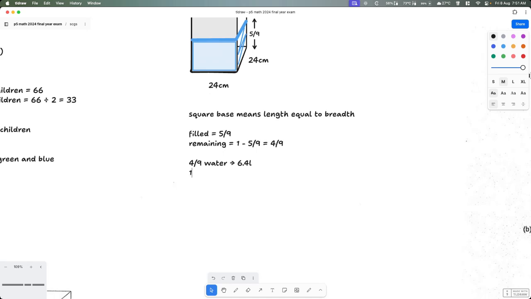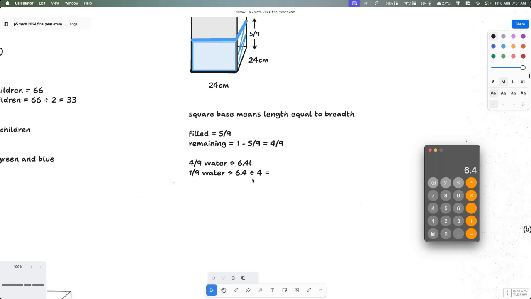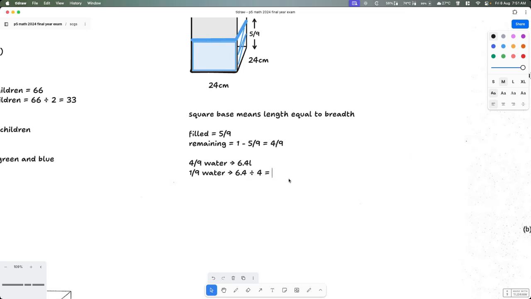So 1 over 9 water is equal to 6.4 divided by 4, which will give us 1.6 liters. Now we know the total water that we need is 9 of 9, which will be 9 times 1.6.